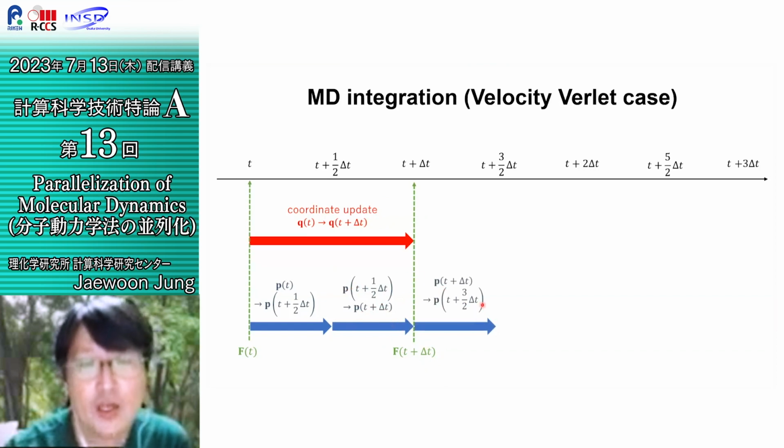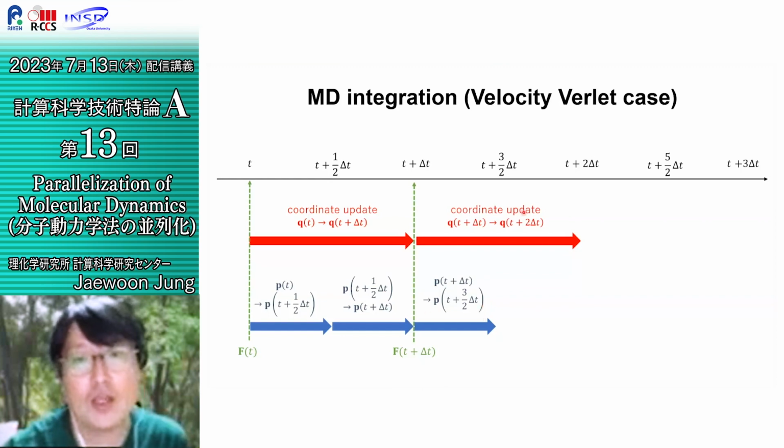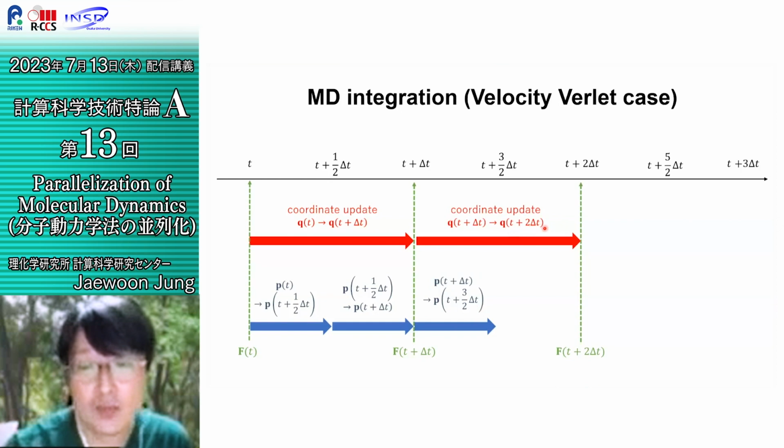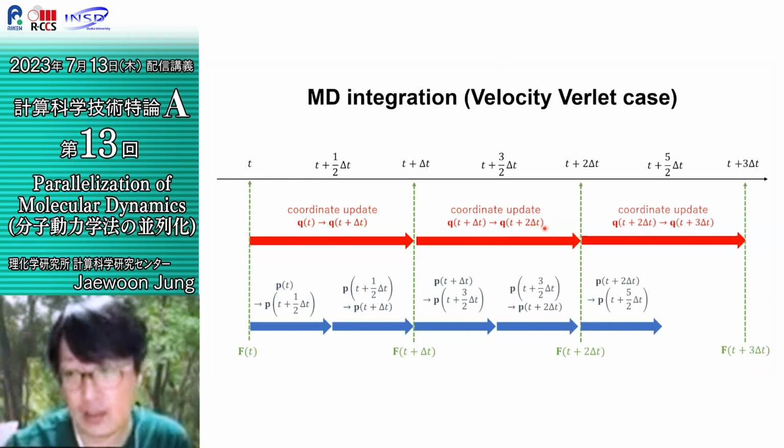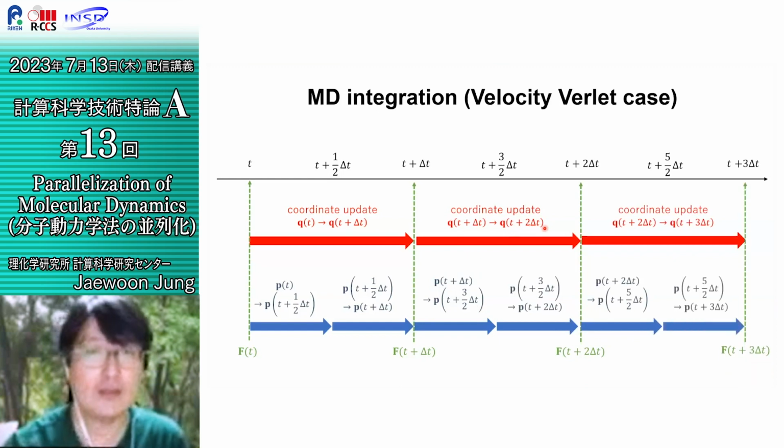And from this one, we update the momentum to time t plus 3/2 delta t. And based on this one, we update the coordinate. And now we have a coordinate at t plus 2 delta t. Then we evaluate the force. And we update momentum and coordinate and evaluate the force again and so on.